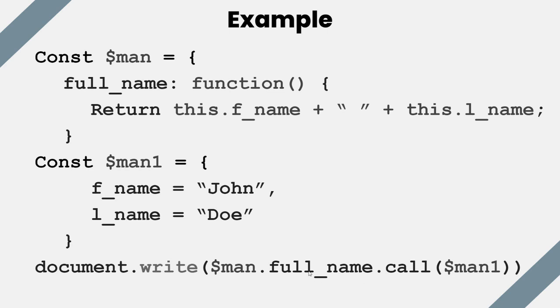You would also call the particular object method you want to make use of, and we all know that in order to reference that, we would reference it by the key name, which is full_name, and then we'll make use of the call method itself, and then we would add the object that needs that method. So that's how you can actually reuse a particular method over and over again within different objects.